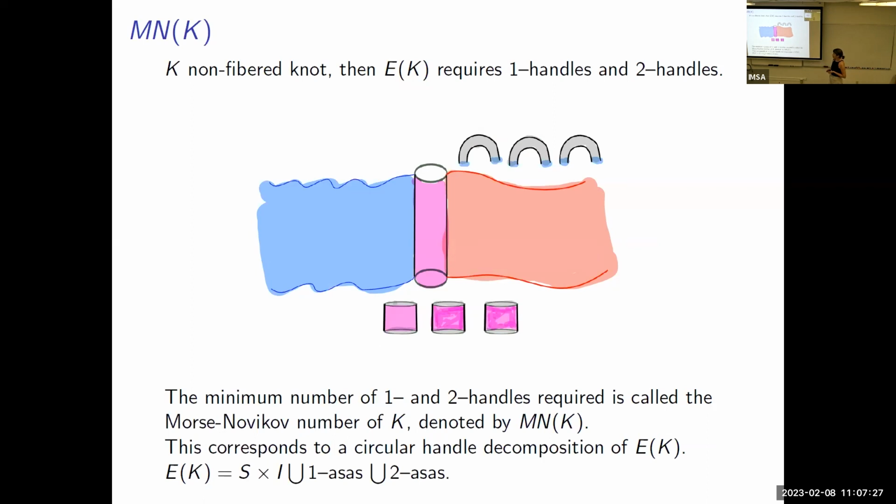And then he constructed a circular Morse function with the exact number of critical points given by the linear Morse function. And so he changed the gradient and the one-forms.